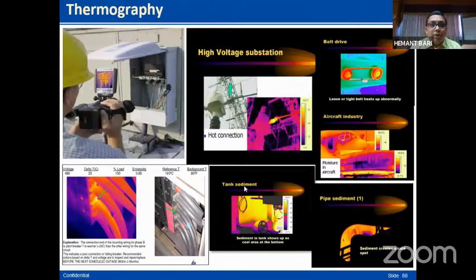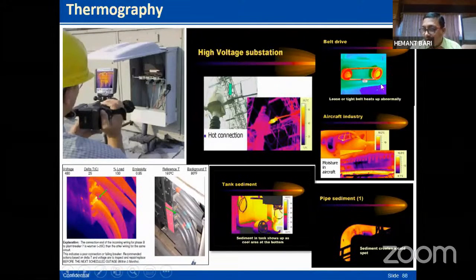Whenever there is an access, you can use this. Some people think that thermography is only for electrical people. No, yes, electrical के लिए ये तो बहुत बड़ा एडवांस टेक्निक है, but you can find out the belt looseness और टाइटनेस. एयरक्राफ्ट इंडस्ट्री भी यूज कर रहा है, टैंक में सेडिमेंट है या नहीं, पाइप में कहीं चोकिंग है क्या. All these things can be identified using the thermography. सो थर्मोग्राफी का यूज भी बहुत बड़ा है.